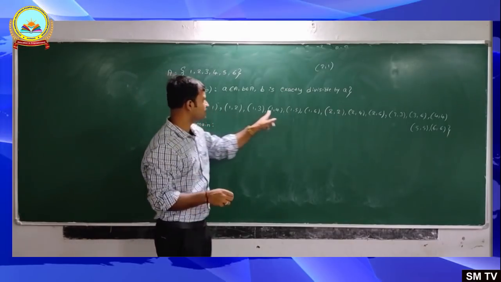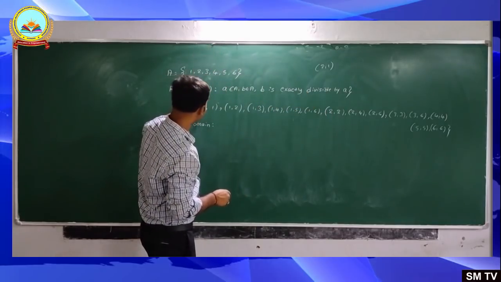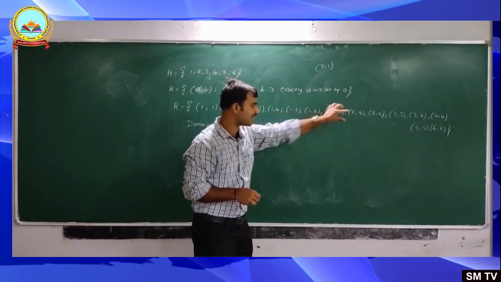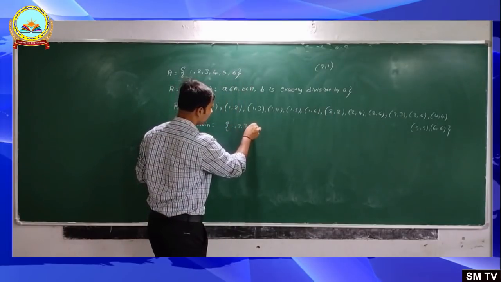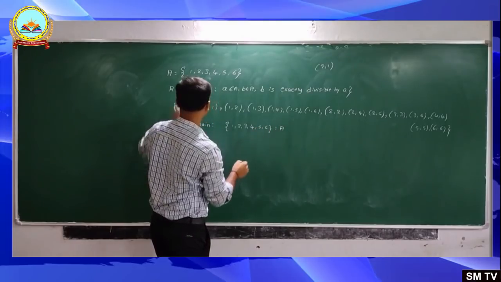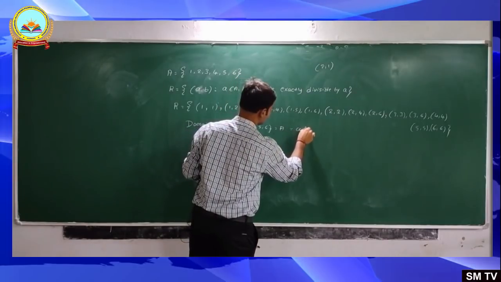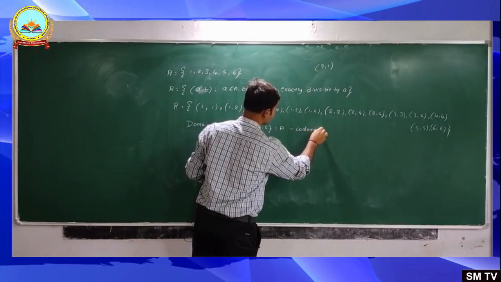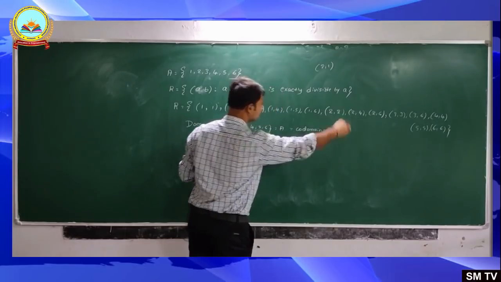You can clearly observe all the elements of this set A are the first element of some ordered pair. Therefore it is {1, 2, 3, 4, 5, 6}, which is equal to A itself. Let me write, which is equal to the codomain, which is equal to the range also in this particular problem.